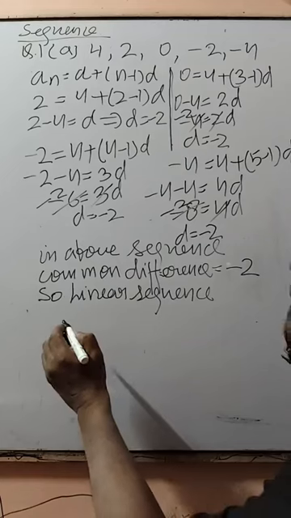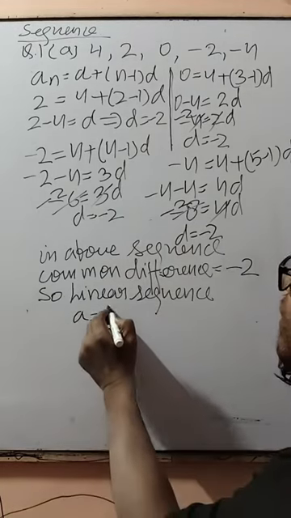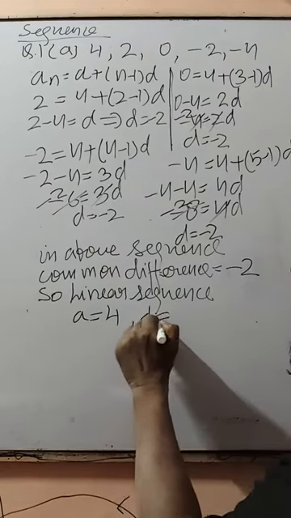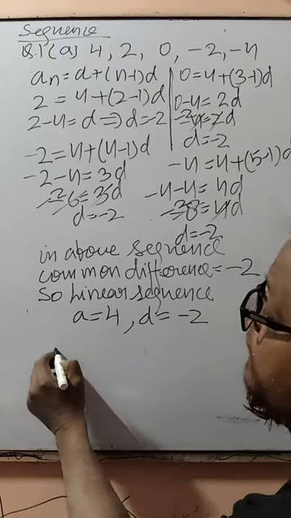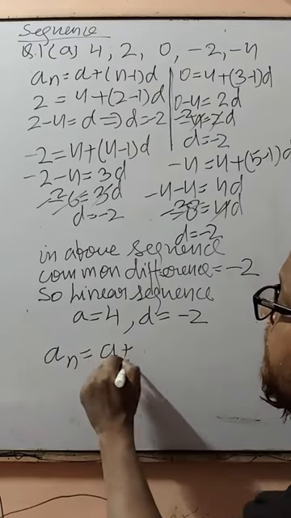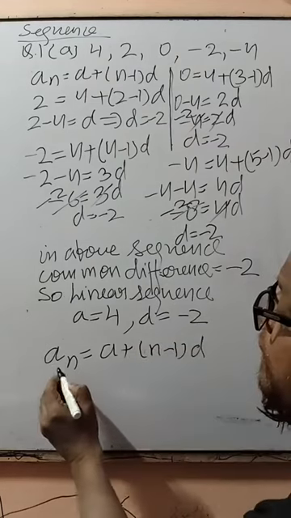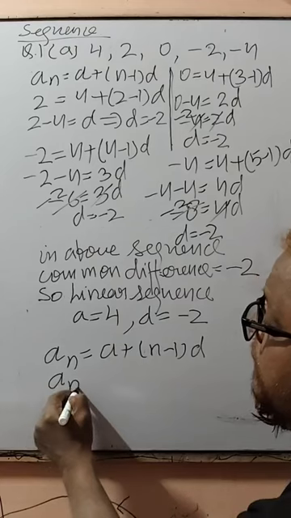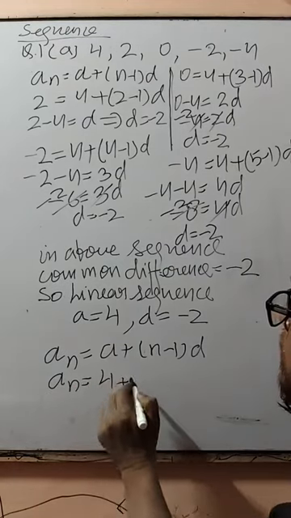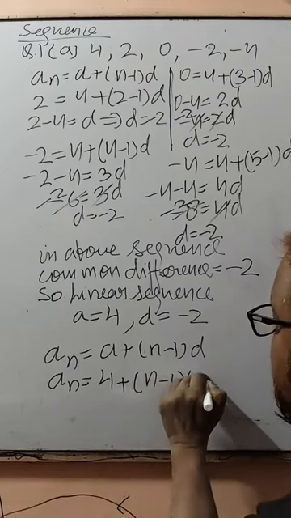And a is equal to 4, d is equal to -2. So the nth term is equal to a plus n minus 1 into d. In that case, an is equal to 4 plus n minus 1 into -2.